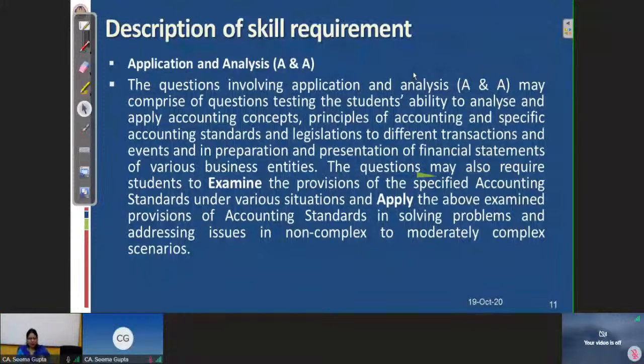The questions may also require you to examine the provisions of the specific accounting standards covered in the syllabus. Nothing will be beyond the syllabus.